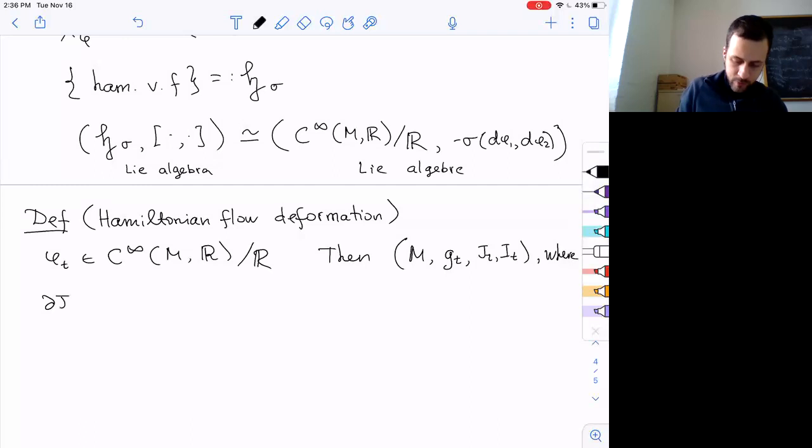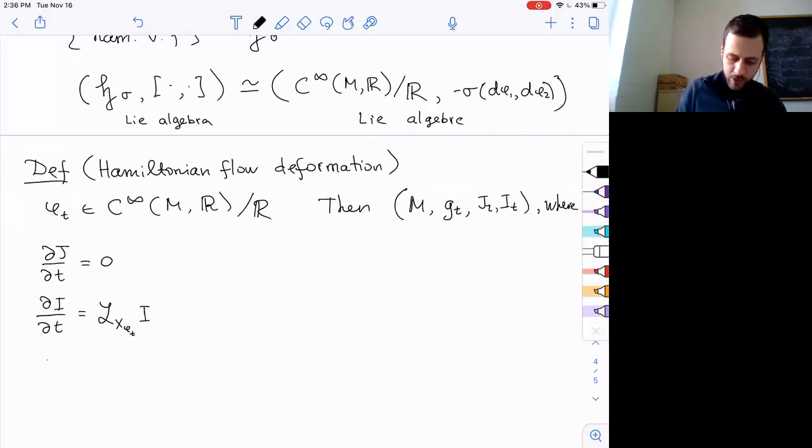J is actually stationary, so J doesn't change. I does change, but it changes in a simple way: it's just pulled back by the vector field X sub phi t. And the metric changes in the most complicated way. The derivative of the metric is d d^c phi t, an antisymmetric tensor.